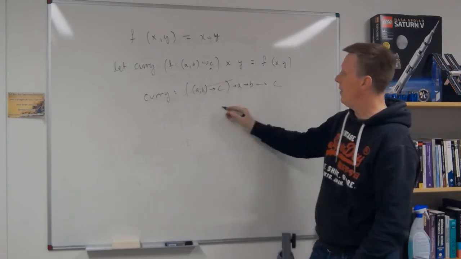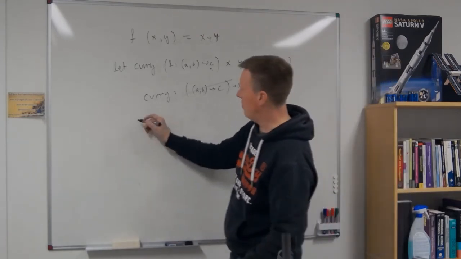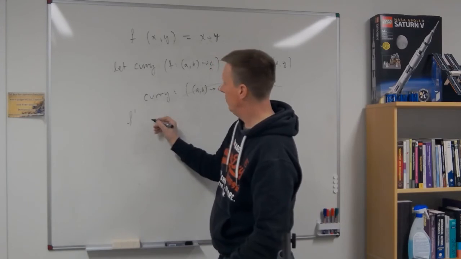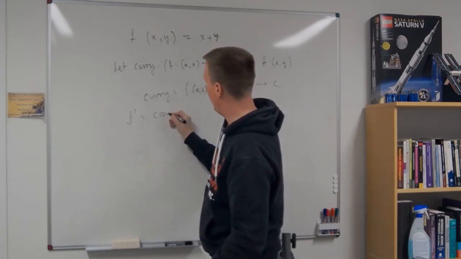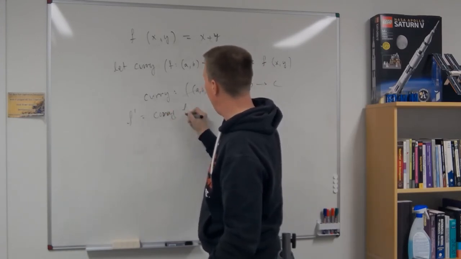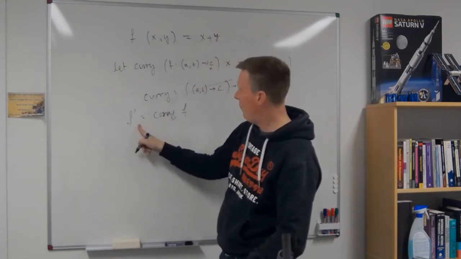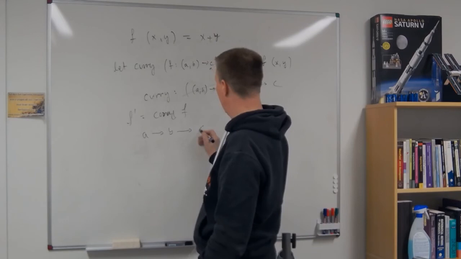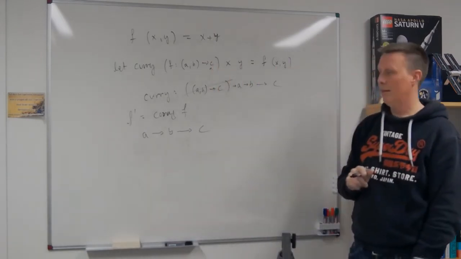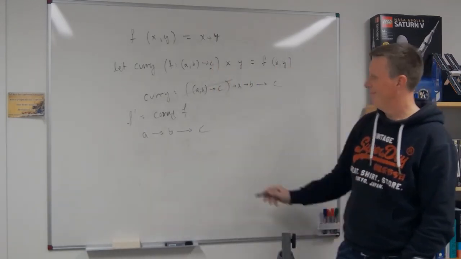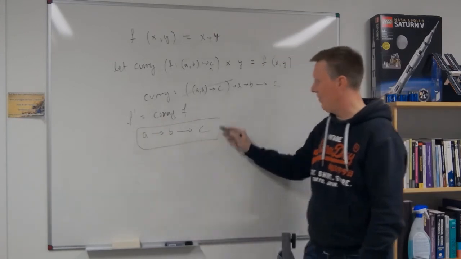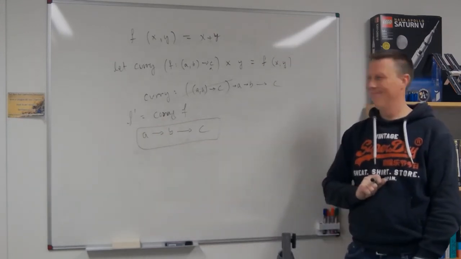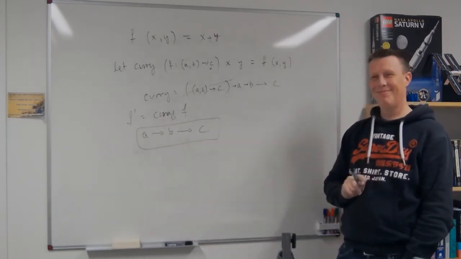Now I'm left with a function that came out of this, which I'm going to call f prime here, which is curry f, and f prime here is going to be a function from a to b to c, which is exactly what we were after, right?